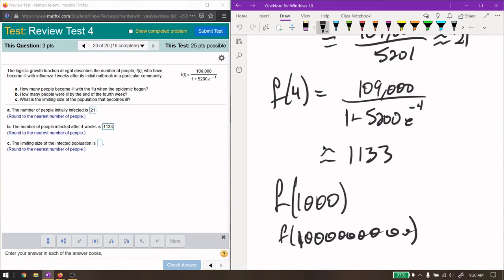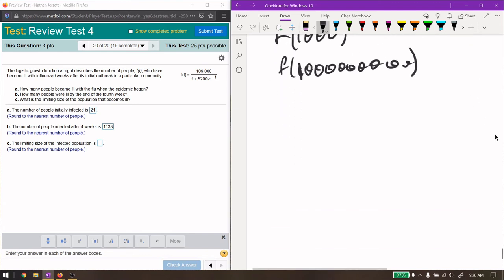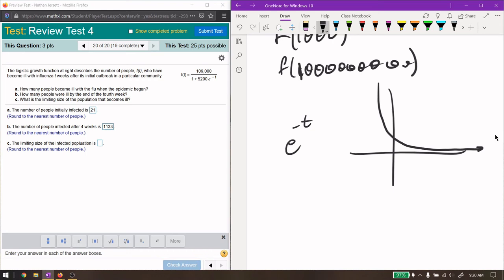But you can also think that e to the power of negative t, this function looks like this. So what happens as t increases? That means that e to the power of negative t goes to 0.